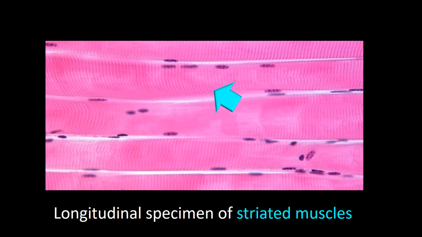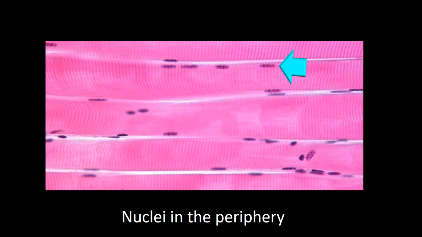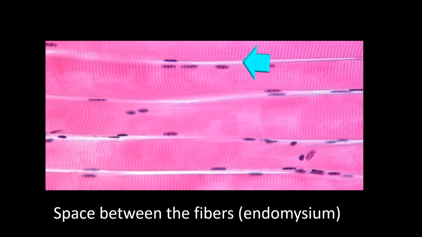You can see the striations. The nuclei are in the periphery of the fiber, as you can see here and here. The space between the fibers is the endomysium, present here, here, here, and here.